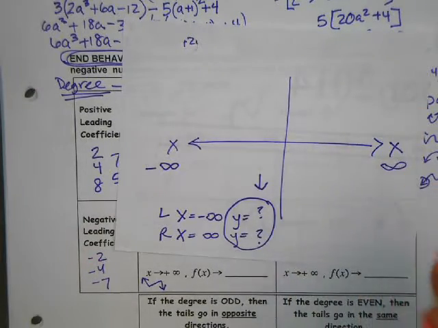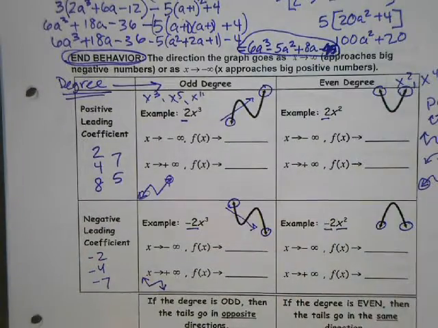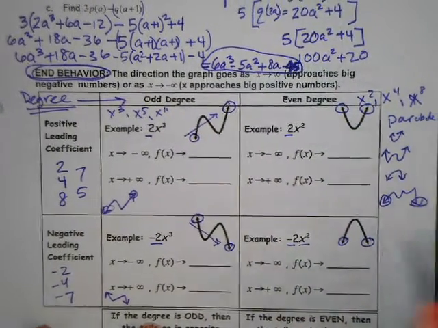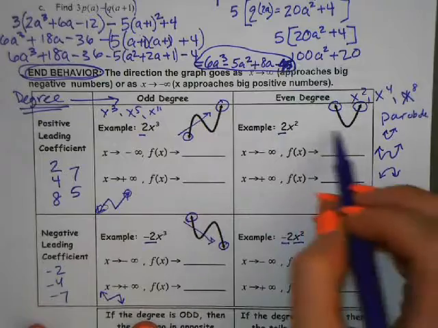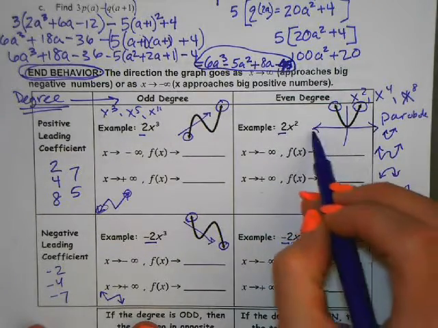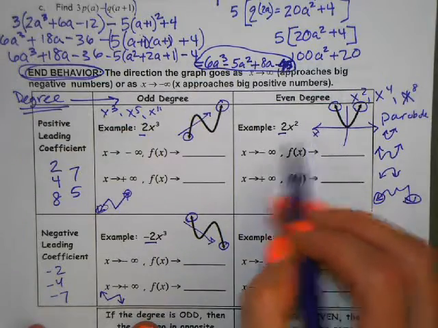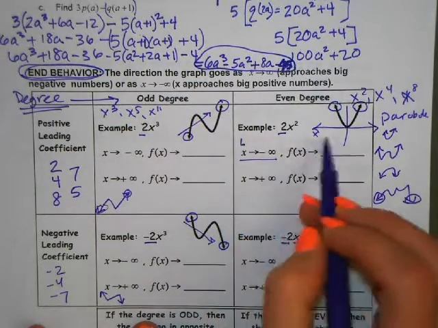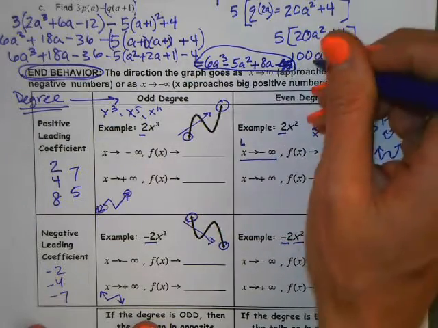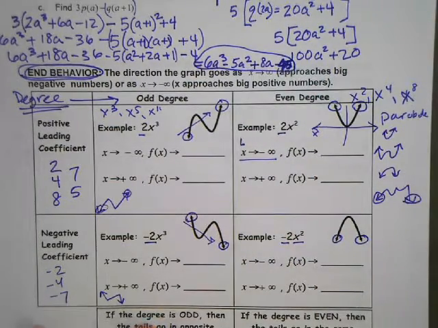Okay? So, let's just do the even ones first. If I draw a chart like this, here's my x. When x is negative infinity, which is my left side, what is y doing? Is y positive infinity, or is y negative infinity?